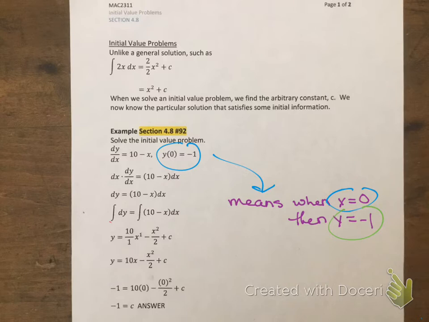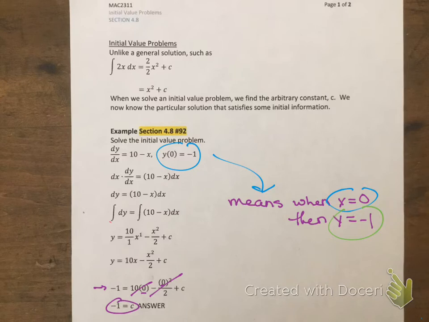So when I do that, here's my -1, here's my 0 for x's. So this will be 0, this will be 0 plus c, so I have c is equal to -1.